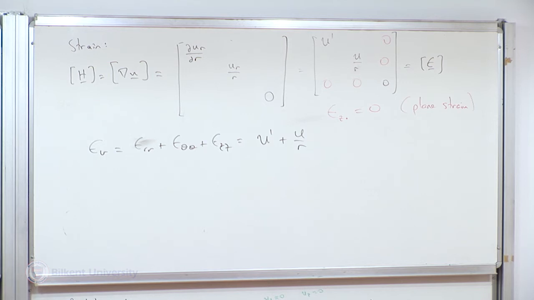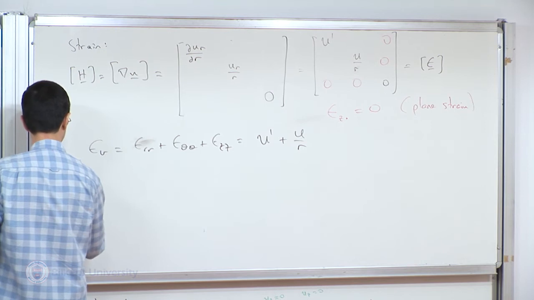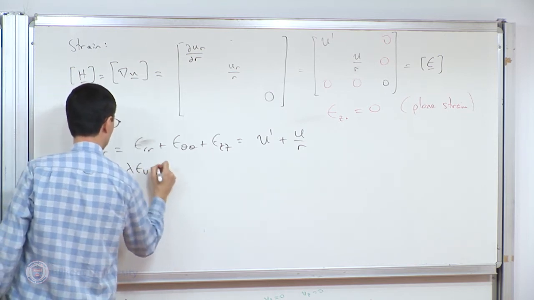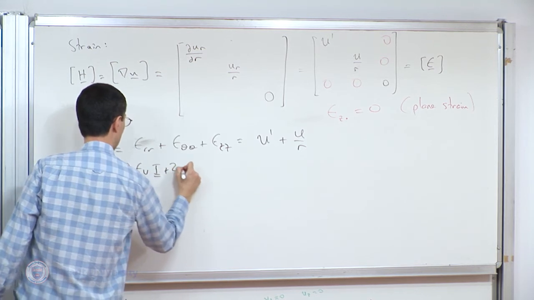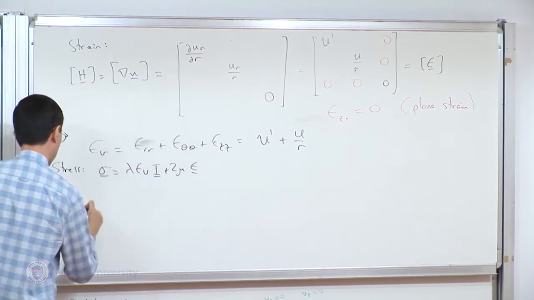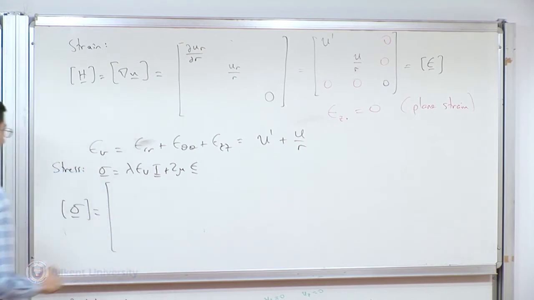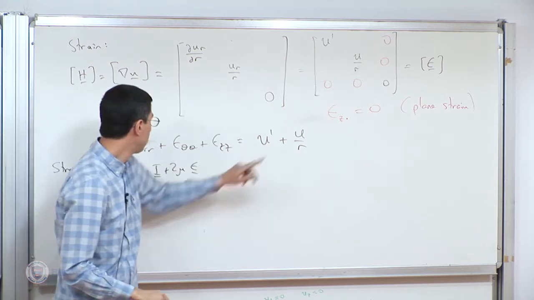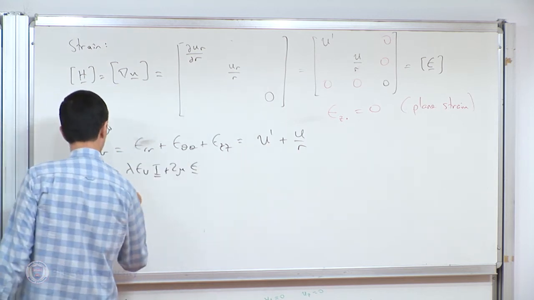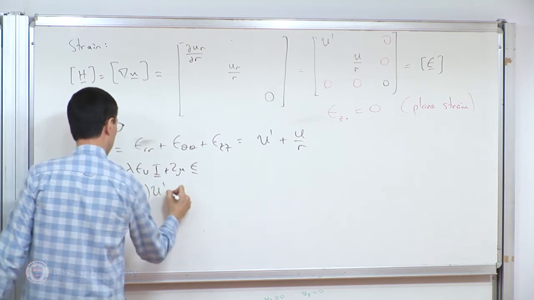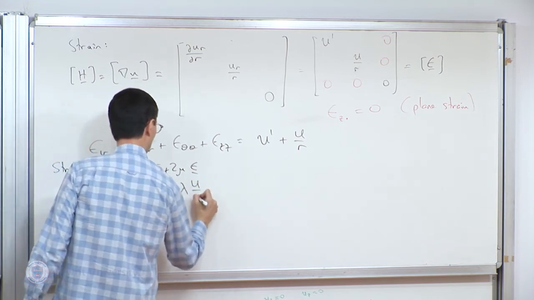And we can then move on to the stress, which is lambda epsilon v plus 2 mu epsilon. And so the stress is equal to lambda times that plus 2 mu. So, lambda plus 2 mu u prime plus lambda u over r.